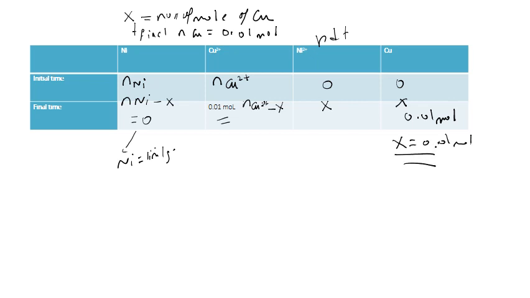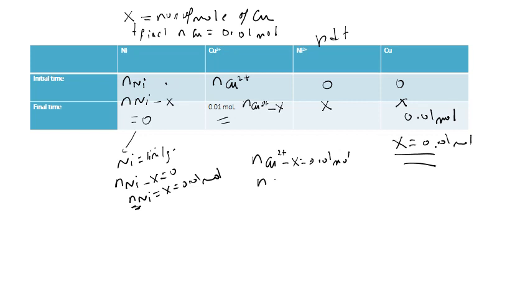X is given. Substitute the value of X. We can get that the number of mole of Ni minus X is equal to 0 and X equals 0.01 mole. It is the initial number of mole of Ni at time equals 0. Also, number of mole of Cu2+ minus X is equal to 0.01 mole.